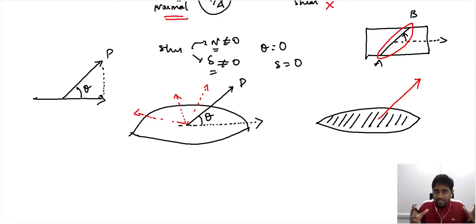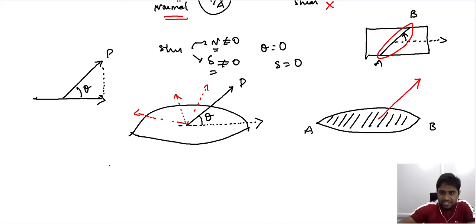So therefore we need to expand our consideration, and in order to do that, we have rotated this AB in such a way that it is now perpendicular. We have rotated the frame of reference back to its original position so that this AB is now perpendicular and the loading direction is inclined.